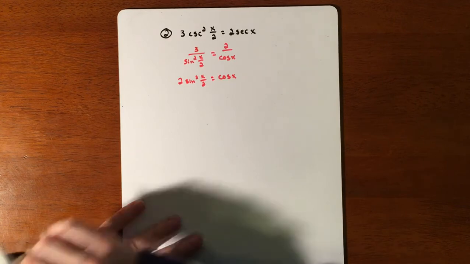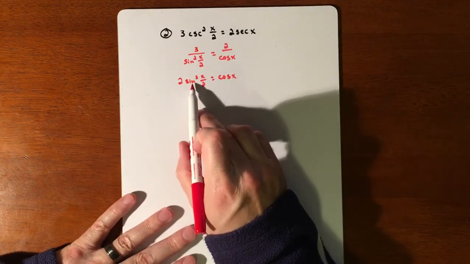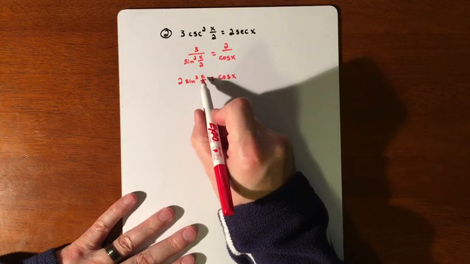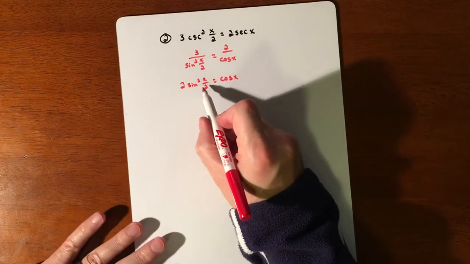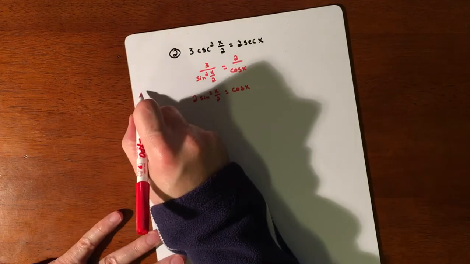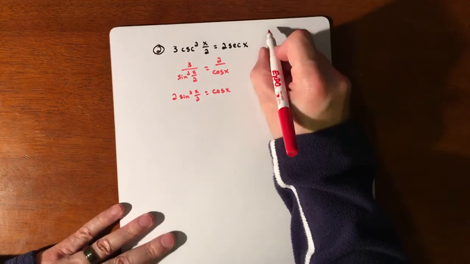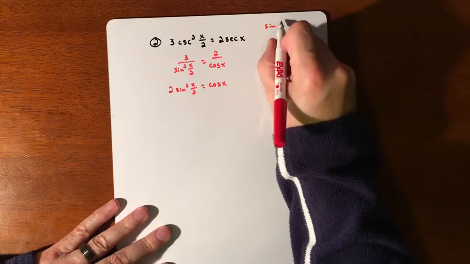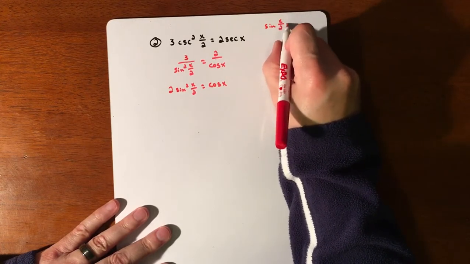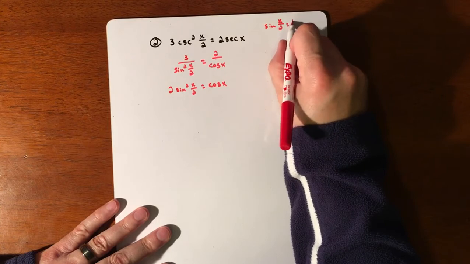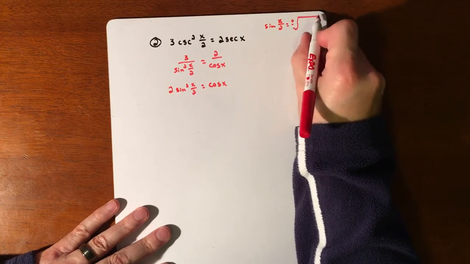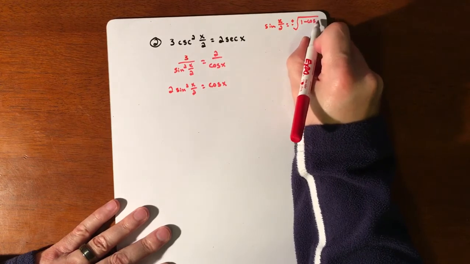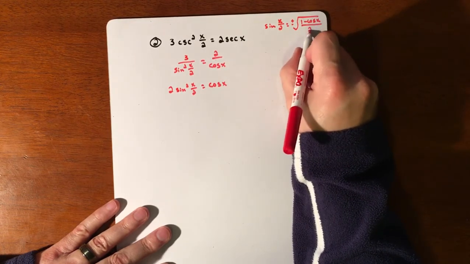Okay, so seems we're in a weird spot. Sine squared, we could replace it, except it has this x over 2. So because it's an x over 2, you actually have a trig identity for that. So sine of x over 2 is equal to plus or minus the square root of 1 minus cosine x over 2.